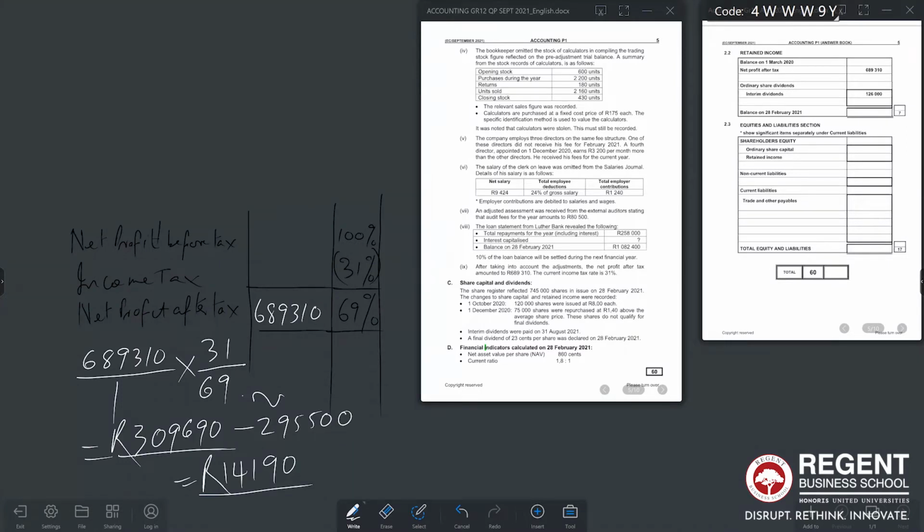The question in the exam came out, they asked for 2 marks. This payment of 5,000 rands that was made to SARS, what was it for? Why did you pay SARS this 5,000 rands? Can somebody just type out an answer for me very quickly? They wanted to know, you paid SARS on the 15th of March, when your year started on the 1st of March, 5,000 rands. What was the reason for the payment?